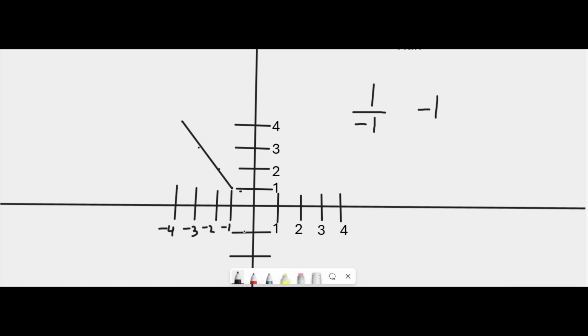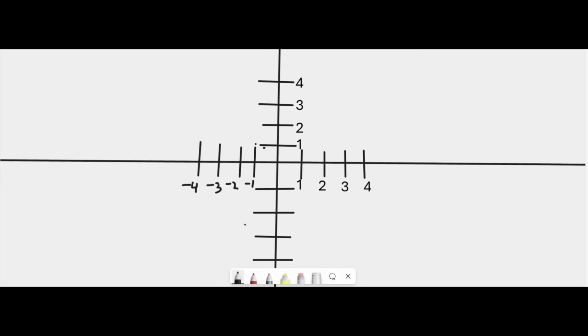Now, if they were both going down, so if we take an example of, let's erase this up here too. Let's write these out. This is negative 2, negative 1's up there, negative 3, negative 4.